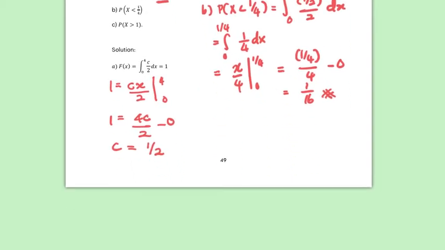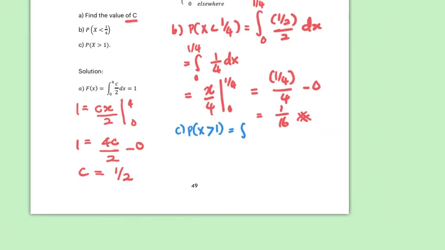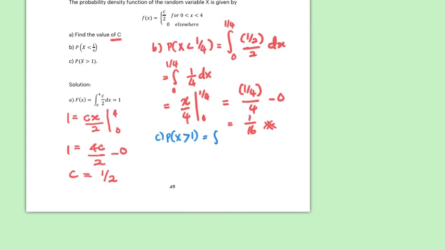For the next question, C is the probability that X is greater than 1. You just need to refer to the limit. The highest is 4, so if it is greater than 1, the highest would be 4 and the lower would be 1. The function that we have is 1 over 4 dx.